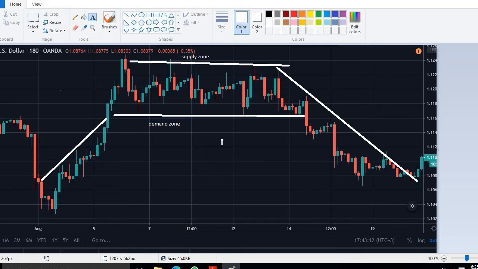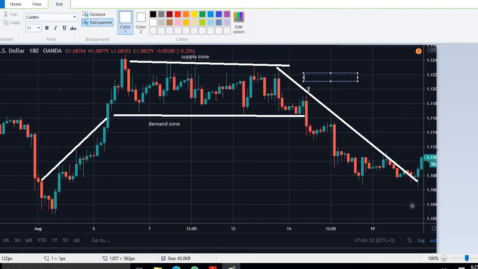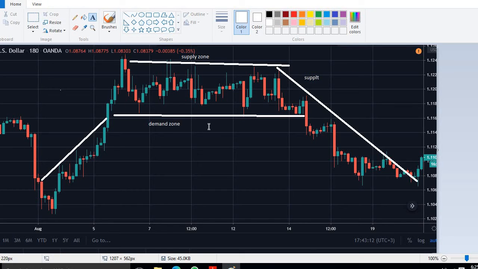Demand zone, right? Supply and demand. This is the same thing as support and resistance. It doesn't really matter how you call it, whether support or resistance, supply and demand. I'm using supply and demand because you will understand in future why. Then here it's kind of like your supply also, and below here your demand area.